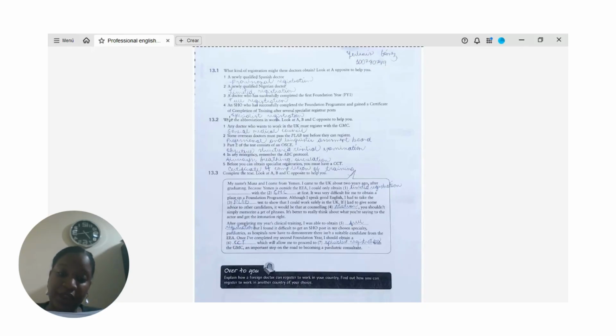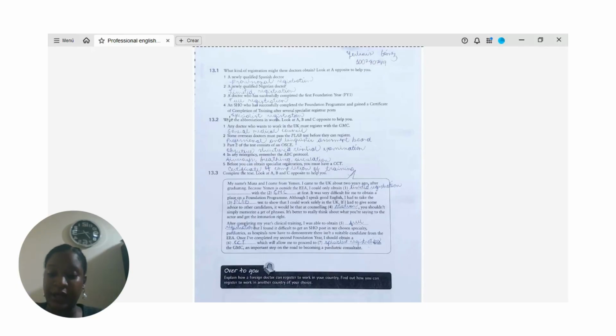This was to show that I could work safely in the UK. If I had to give some advice to other candidates, it would be that in the counseling station you should not simply memorize a set of phrases. It's better to really think about what you're saying to the actor and get the information right, the intonation right.